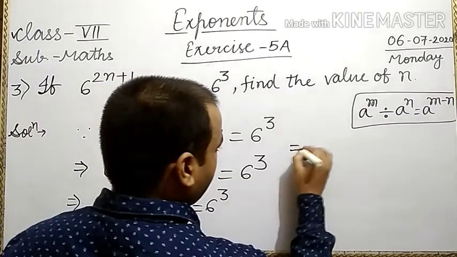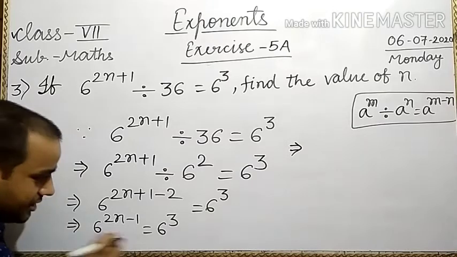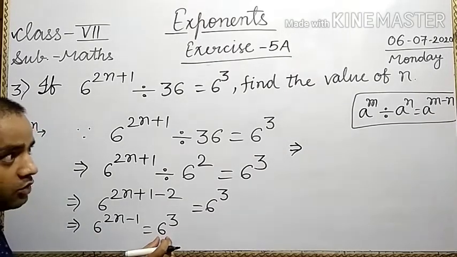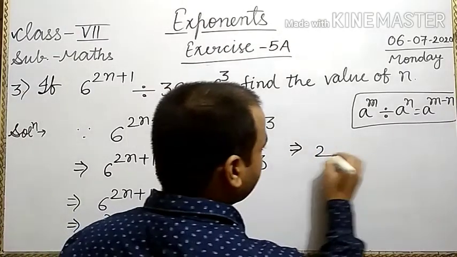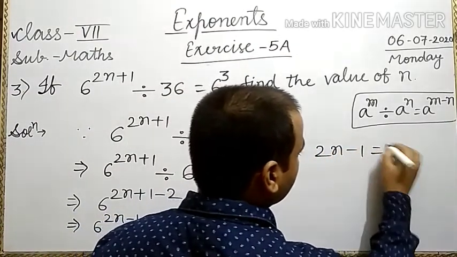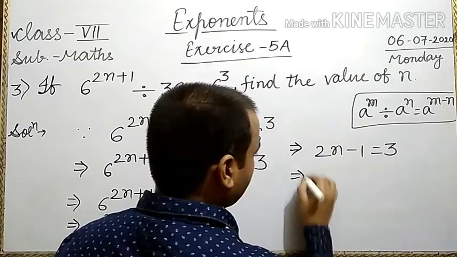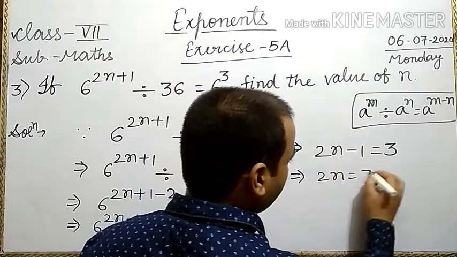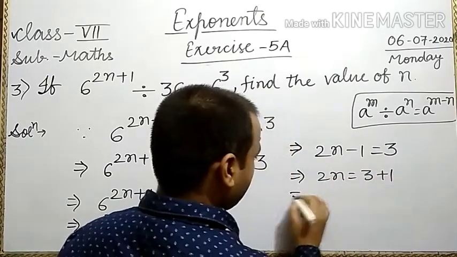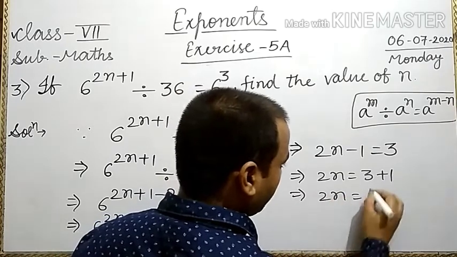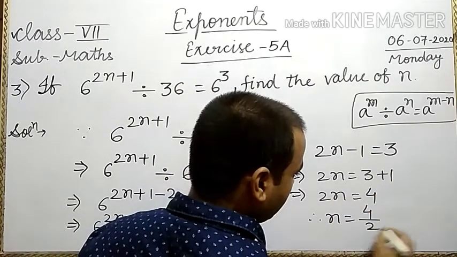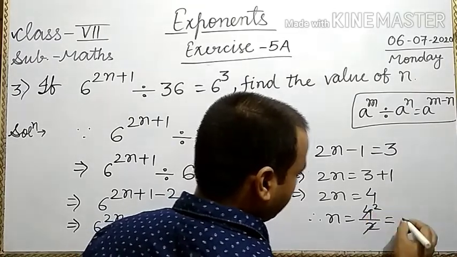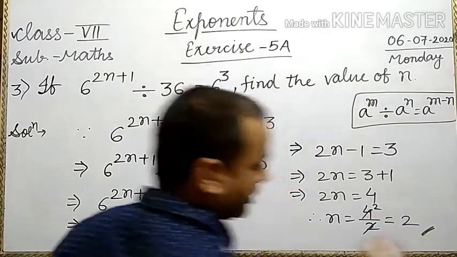And the next step: here the base is the same, so the powers will be equated, which means write 2n minus 1 is equal to 3. Then 2n is equal to 3 plus 1, so 2n is equal to 4. Lastly, write n is equal to 4 upon 2, 2 twos are 4, we get 2. Is it clear?